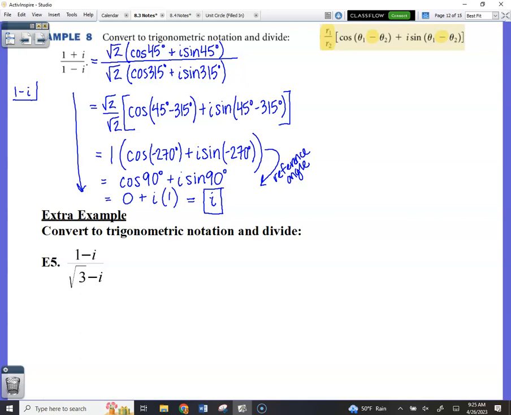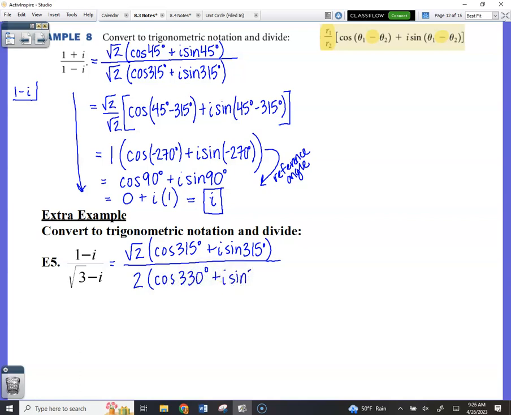So, pull your trig notation for 1 minus i. Then pull your trig notation for root 3 minus i. And then now apply the formula to divide them.